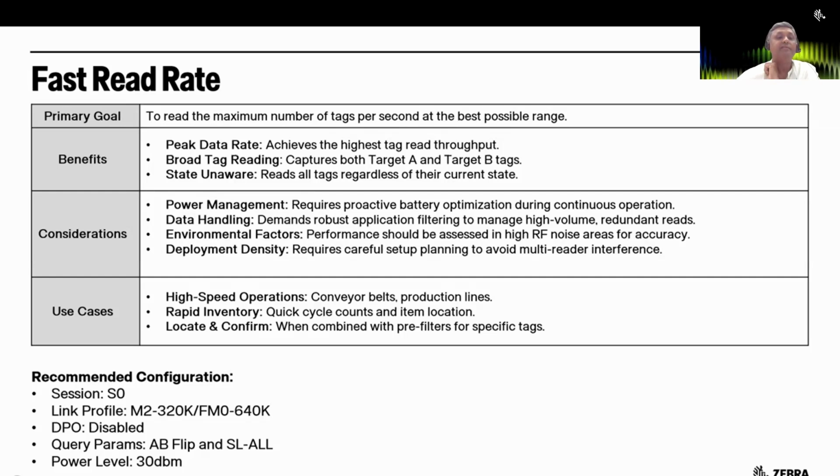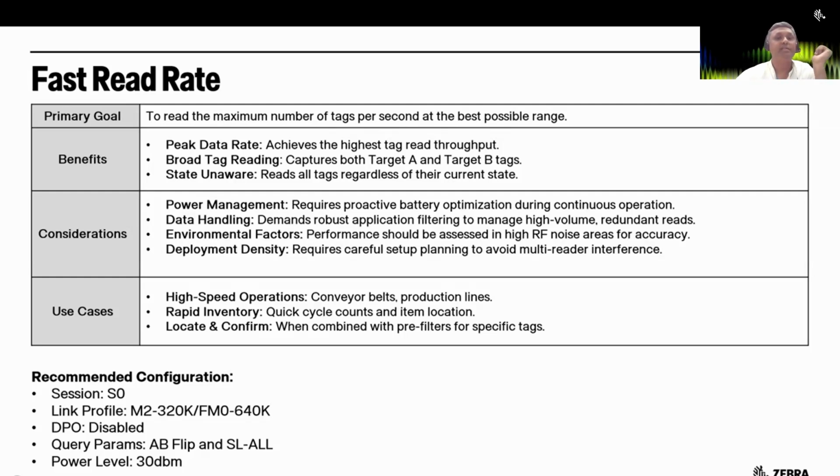And as we are covering the range and also the data rate, there will be a very high volume of redundant tag reads coming up to the applications. So the application has to be robust to handle these high data streams.